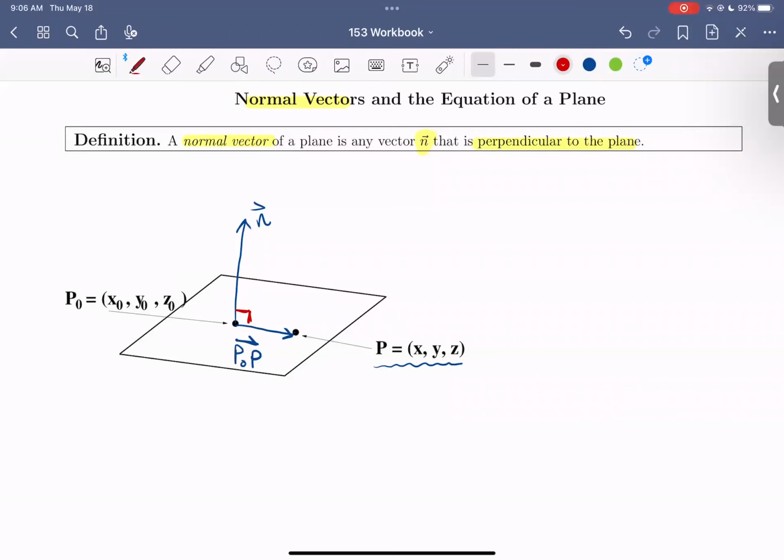That would mean that the dot product between the vector n and the vector P naught P is going to be 0. So I'm going to make that note just so we can really let that sink in. Note: n dot P naught P is equal to 0 for any P on the plane.